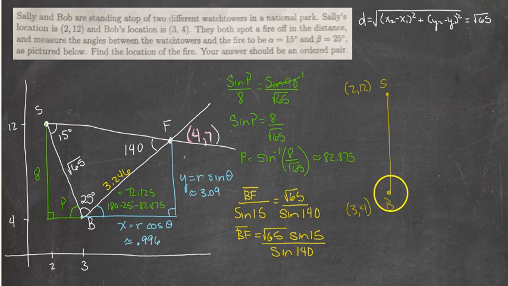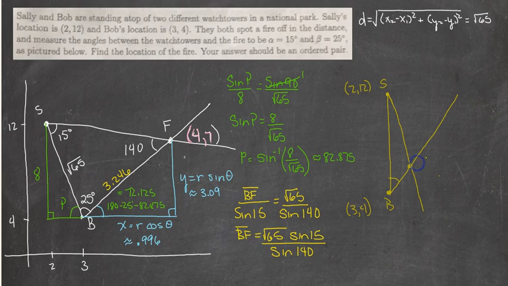So if Bob is looking about 25 degrees, I'm going to say that this is about a 25-degree angle. And that's roughly what I had to begin with. But Sally, this is clearly not 15 degrees. If this is 25, then this couldn't possibly be really 15. So if this is 25, something more like 15 is going to be like that, sort of.